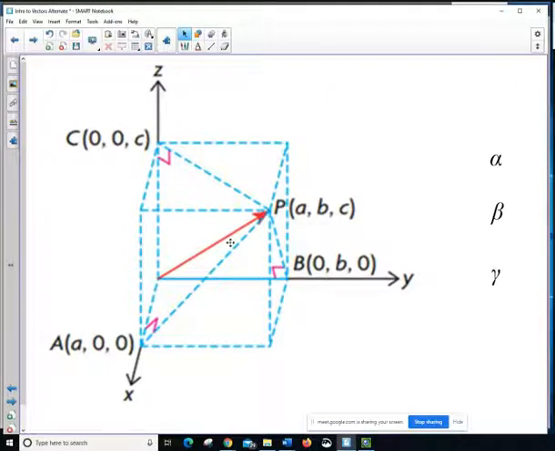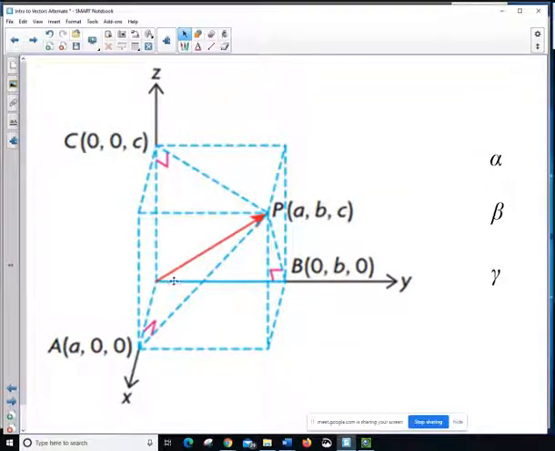But when you look at this right angle triangle, you realize that if I consider this angle here from the vector to the x-axis, which we're going to call alpha, okay, you realize that here's my right angle, which means that the vector represents the hypotenuse of this triangle, okay? And this side length A represents the adjacent side to this triangle, okay?